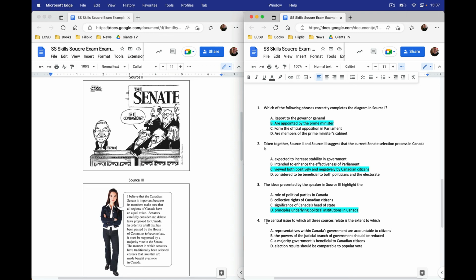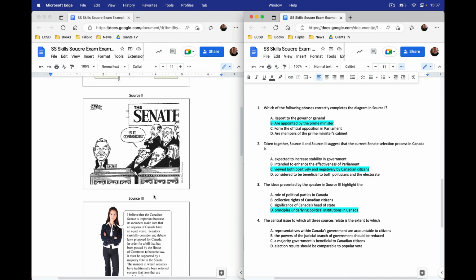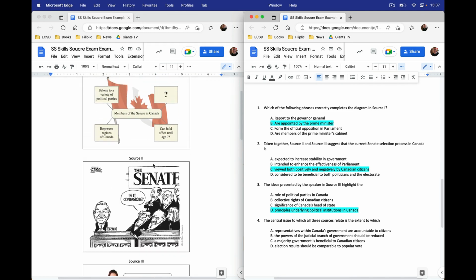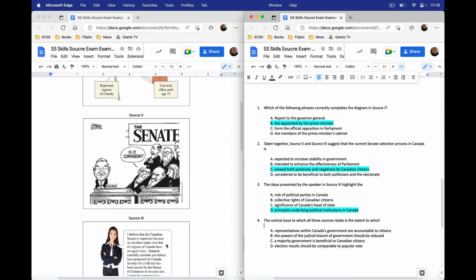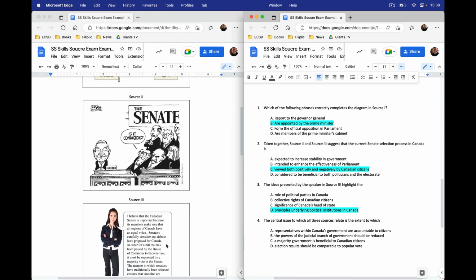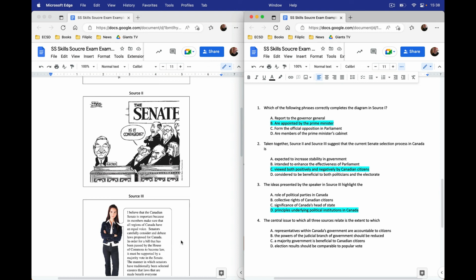So this particular question, number 4, is asking us to look at all 3 sources. Does it A, representatives within Canada's government are accountable to citizens? Perhaps. We are talking about how important its members are to Canadian law, so that could definitely work.